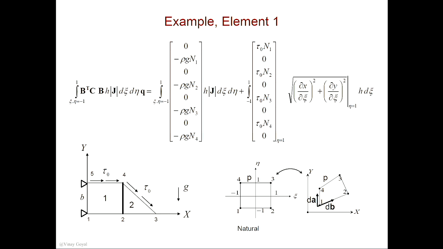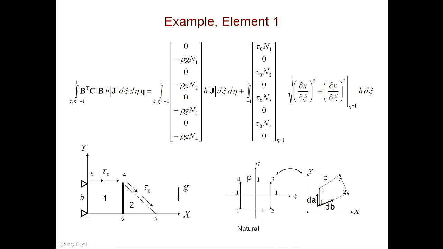You agree? Yeah? That edge is given, do you agree that this edge is given by eta equals 1? Right? So I have to evaluate this shape function matrix at eta equals 1. And not only that, now I have a differential element here that has to be evaluated. That differential element is dC, and by chain rule you get this equation. I covered this with the heat transfer problem. Evaluate at eta equals 1. Okay?